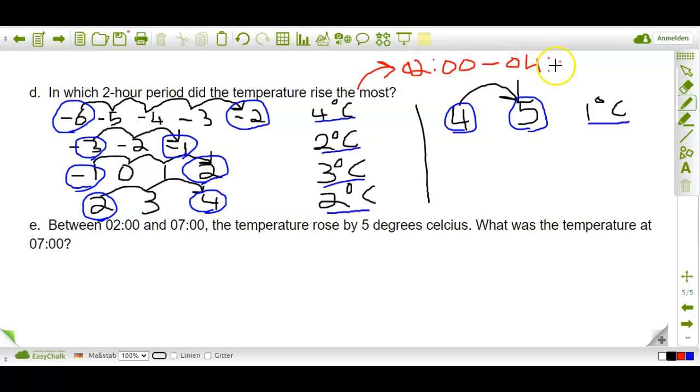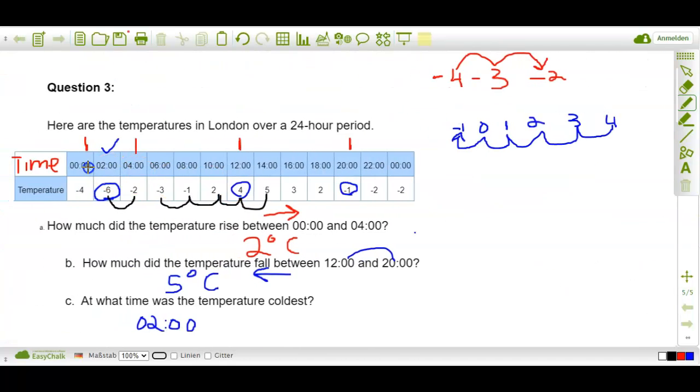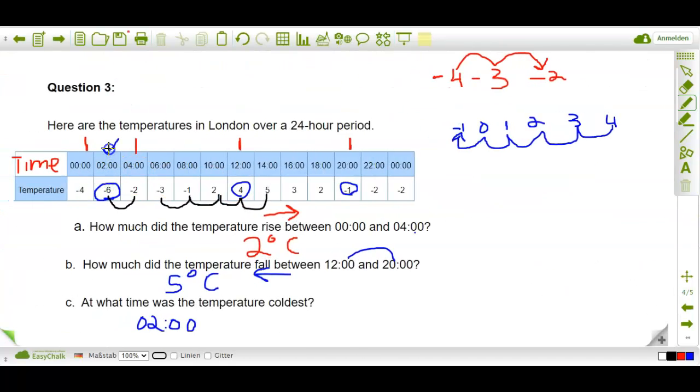That's the time when you had the greatest rise in temperature. If you go back, you will notice that at 200 hours, the temperature was -6. At 400 hours, temperature was -2. So that is the period we're looking at.